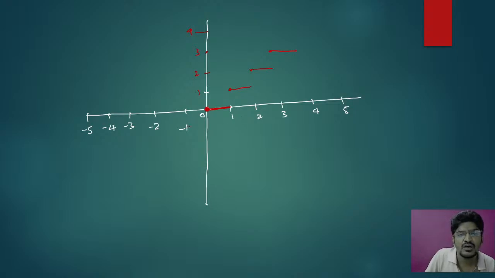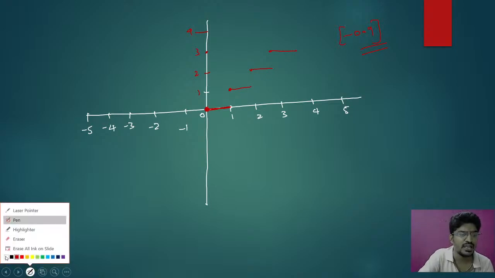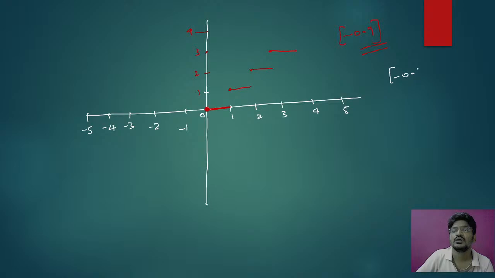And here, minus 1 to 0, take minus 0.9. Which one is the greatest integer of minus 0.9? Here is minus 0.1, minus 0.2, minus 0.3, minus 0.4, minus 0.5, minus 0.6, and here minus 0.9.